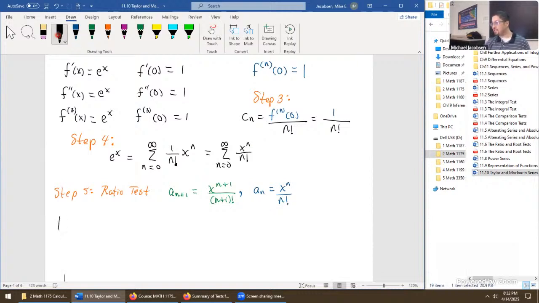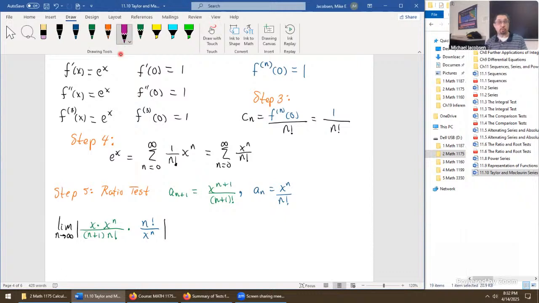Then the ratio test, it's the limit as n goes to infinity of this part in that format. You can factor here if you like to just streamline the canceling. Now (n plus 1) times n factorial. Then we multiply by the reciprocal over here. That's now n factorial over x to the power of n. We always expect a cancellation with ratio tests.